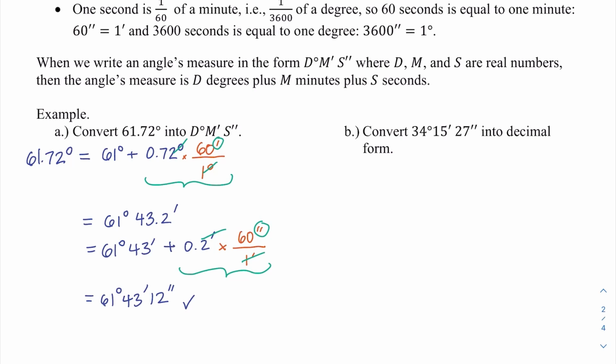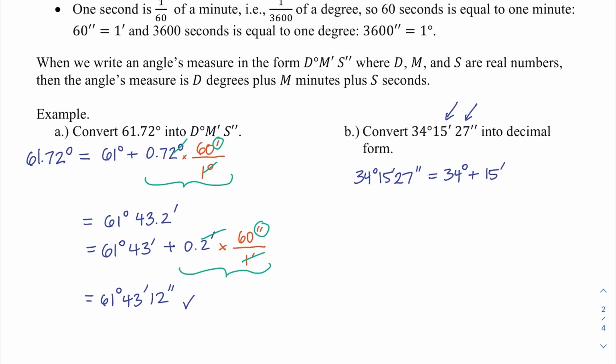So to do that, I have to change both the 15 minutes and the 27 seconds into degrees. So how do we do that? The first thing I do is just write what I'm given to show the reader that I am converting this into something. And I'm going to have 34 degrees plus, well, 15 minutes. I want to convert that back into degrees.